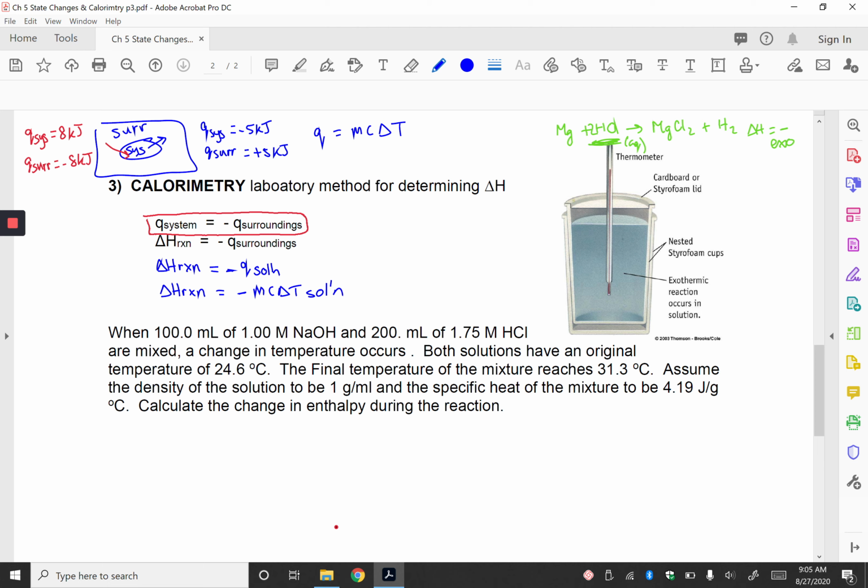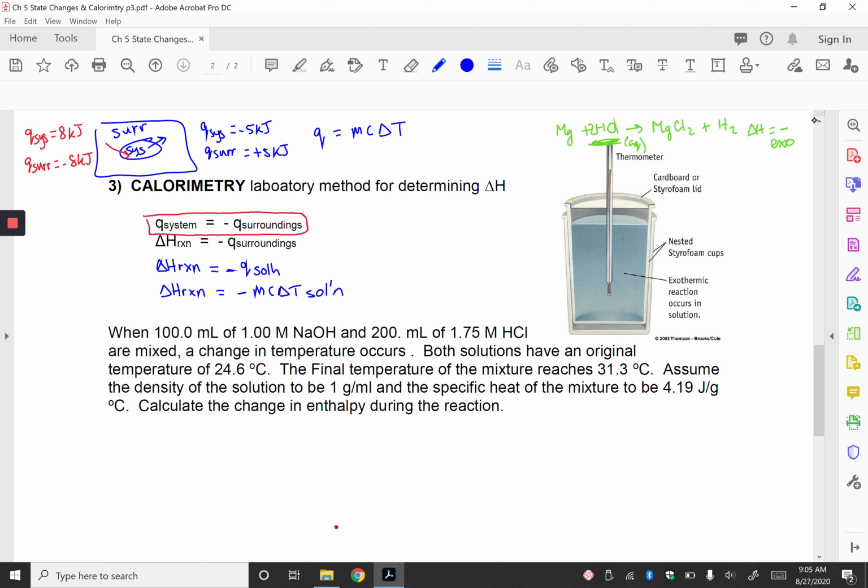Q of the solution is MC delta T of the solution. Because I can very easily mass my solution, I can find the C for my solution. It's probably going to be pretty close to water. And I can find the initial and final temperature of my solution. So basically, I'm calculating how much heat is absorbed by my solution, and I'm saying this is the same amount of heat that is released by my reaction.